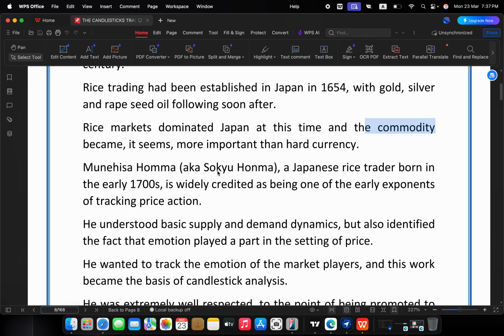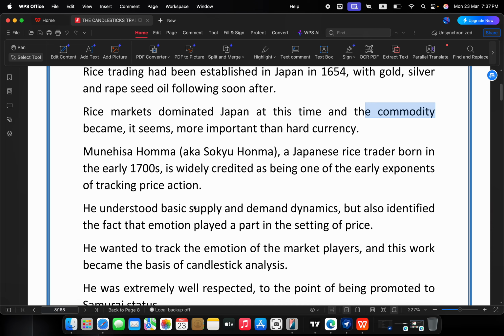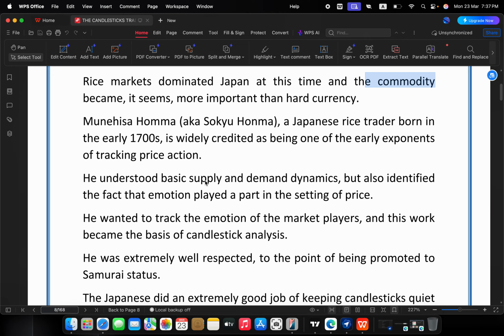Then this man, Munehisa Homma, a Japanese rice trader born in the early 17th century, is widely credited as being one of the early exponents of tracking price action. He understood basic supply and demand.